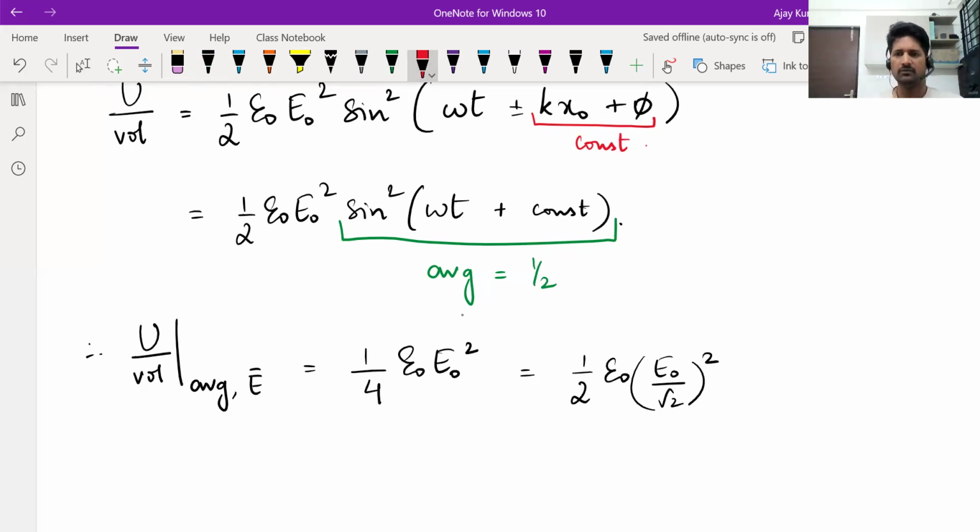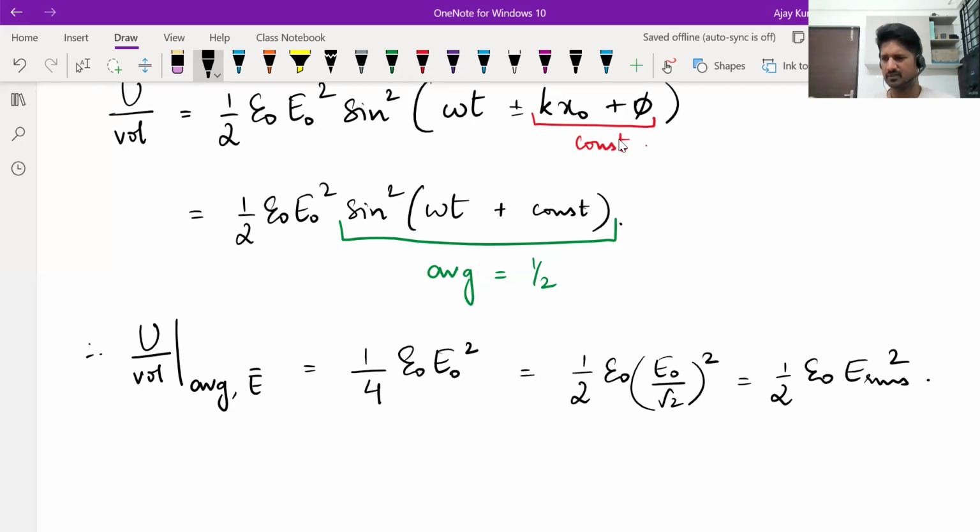E naught is the peak value of the electric field. What is E naught by root 2? The RMS value. Okay. Or you can say the effective electric field. So you can write it as half epsilon naught E RMS squared. Because we know that the electric field of an EM wave is variable.